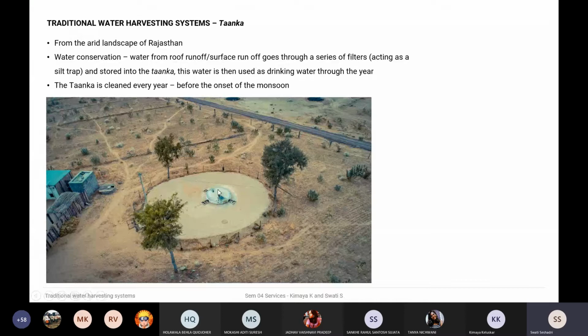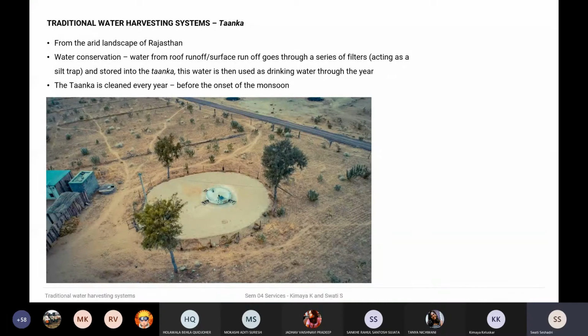Usually it's built in masonry. It's a masonry cylindrical structure, and it will have some openings which will let the water in, and some kind of lime plaster is done on all sides so that the tank is maintained through the year. They would probably also clean it once before the monsoon so that the cleanliness of the tank is maintained and the water remains clean throughout the year.